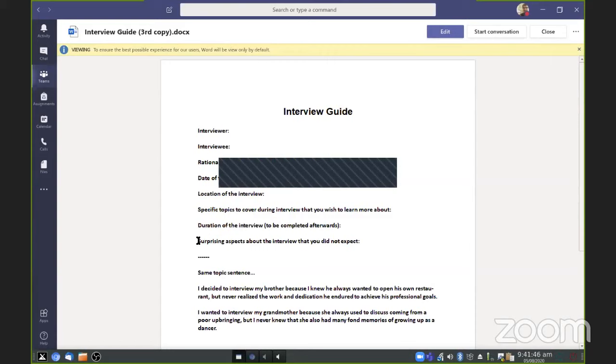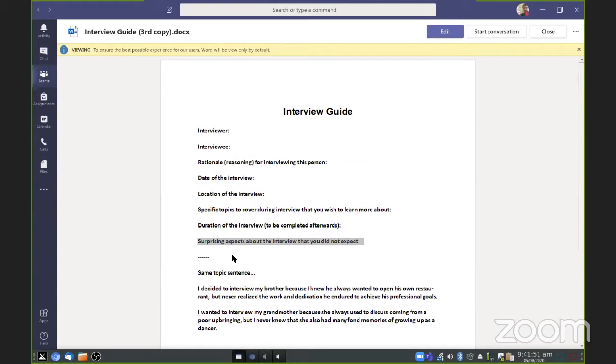But I think I would at least try to include, for example, here where it says surprising aspects of the interview, maybe the reasoning why you interviewed this person. I think that's the most important information to try to include in the one sentence that you're going to use to introduce the main idea of your paragraph. All right, does that make sense, Mariana? Yes, yes. Okay, thank you.